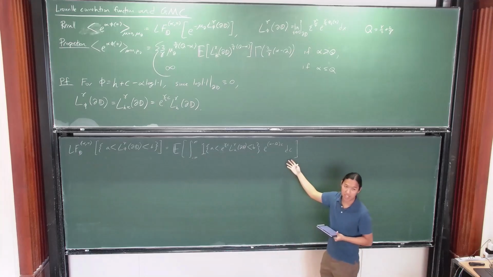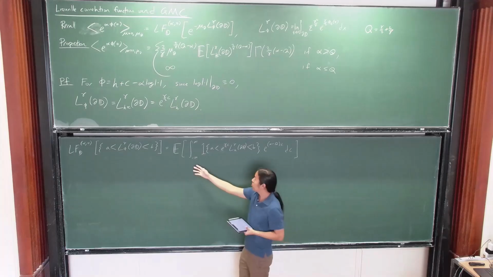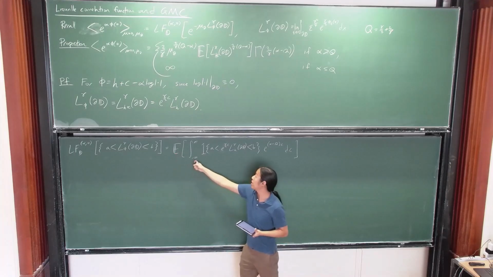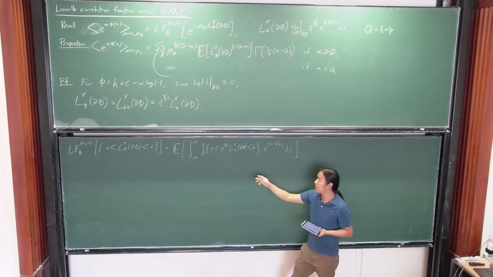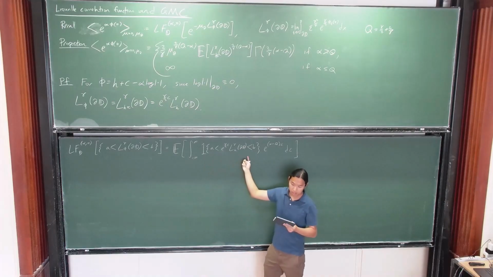Okay, I haven't done anything fancy. So we're just taking expectation with respect to the free field H and integrating over the real number C. And we're looking at the indicator function that the length is between A and B.